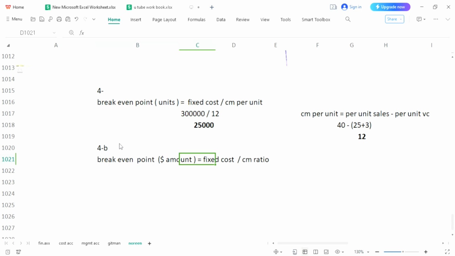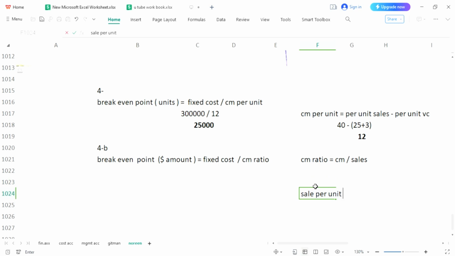So we will calculate our CM ratio, contribution margin ratio, when you will divide your contribution margin by sales. Okay, so contribution margin we will be calculating in our new way. Contribution margin, sale price, okay, we will be calculating over here. Sale per unit, when we subtract variable cost per unit, what we will get, that would be CM per unit.